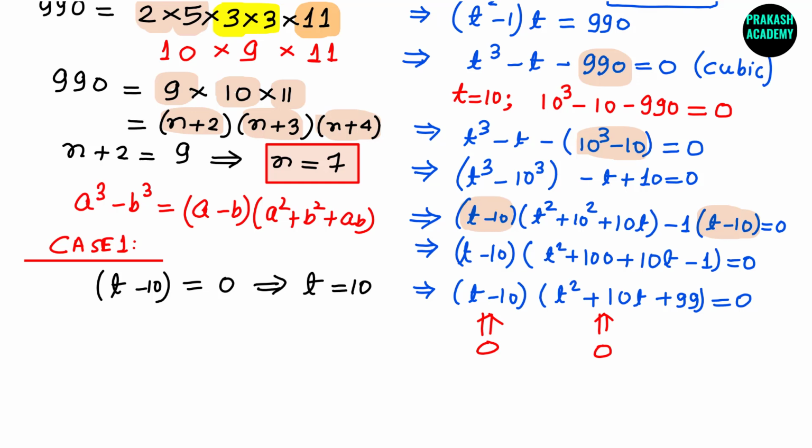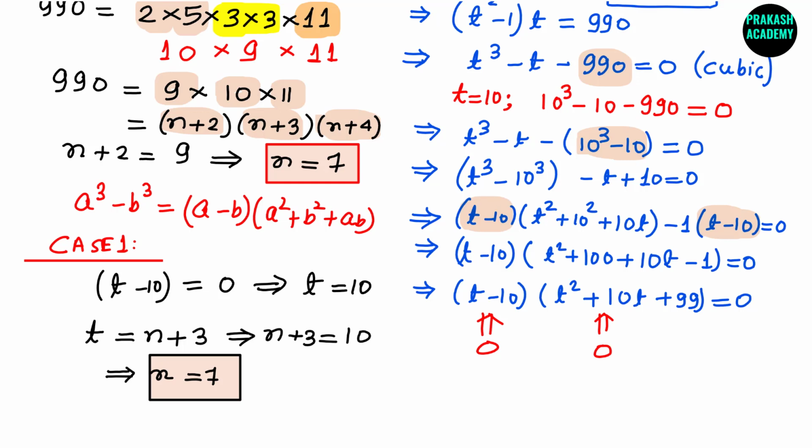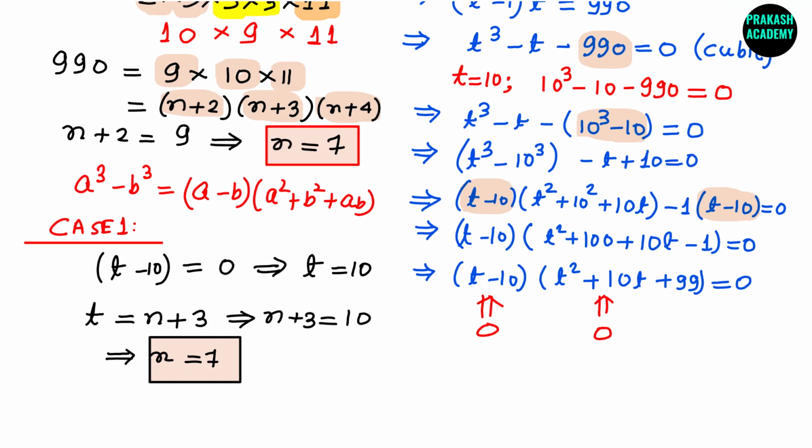And you remember that we have made a substitution, t is equal to n plus 3. This means n plus 3 is equal to 10. This means n is equal to 7. And this answer is the same as the answer I got earlier using method 1.